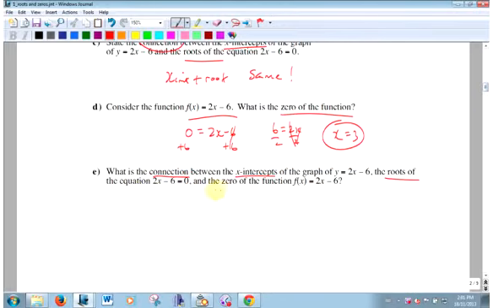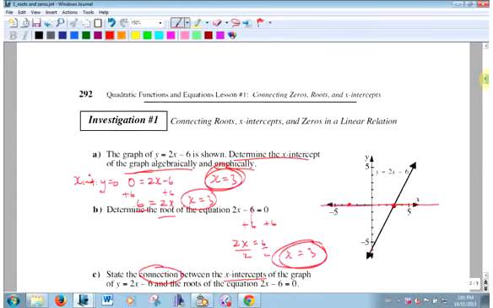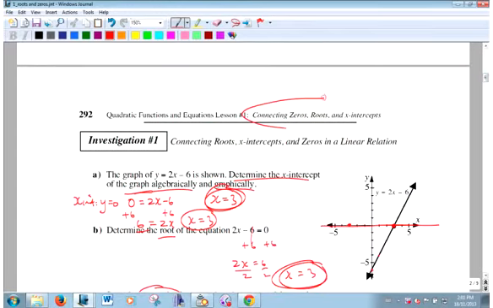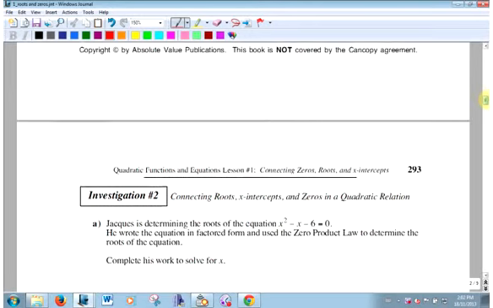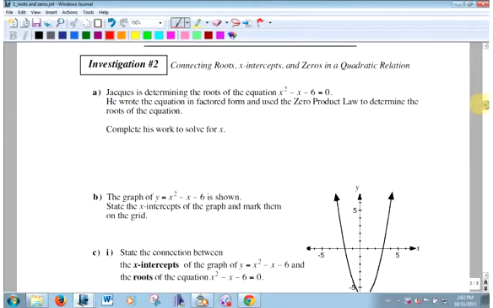And the 0. That's here. They're all the same. Wow. Connecting zeros, roots, and x-intercepts. That's a pretty good connection, wouldn't you say?